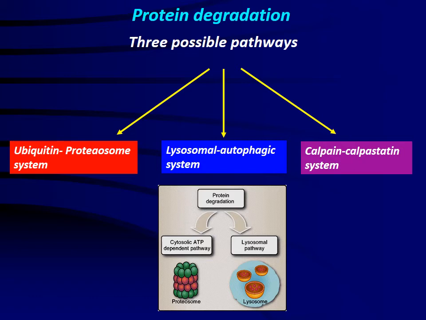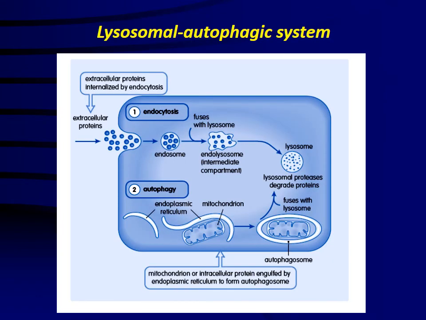Protein degradation, three possible pathways. Ubiquitin proteasome system, lysosomal autophagic system, calpain-calpastatin system. In the lysosomal autophagic system, the extracellular proteins are internalized by endocytosis and form endosome inside the cell.